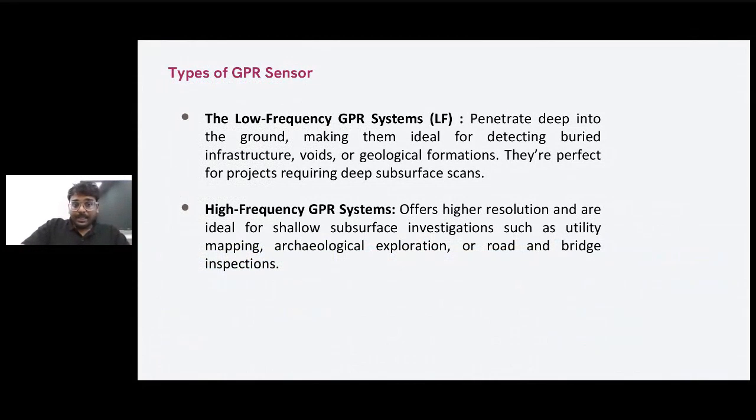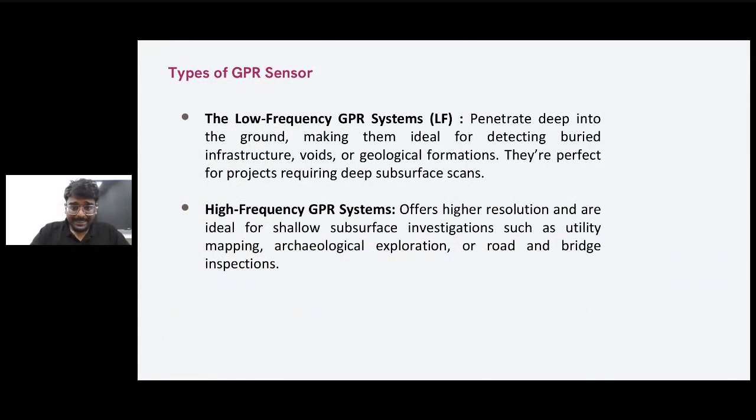As I mentioned earlier, there are different types of GPR sensors depending upon your requirement. These sensors can be broadly classified into two categories: the low frequency GPR system and the high frequency GPR system. The low frequency GPR system, as the name suggests, emits low frequency radar signals.